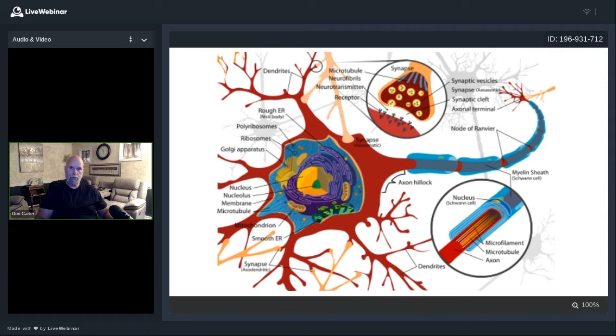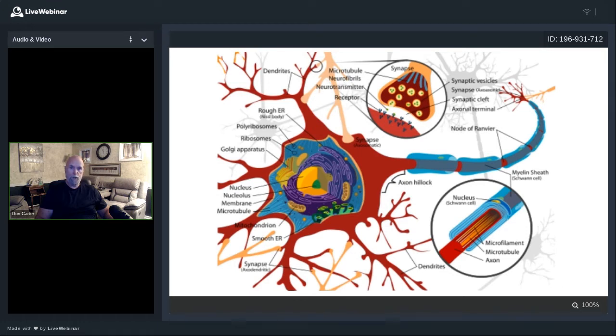If you notice the red branches out here around this bigger part of the cell, those are called dendrites, and they receive the electrical chemical impulses from other brain cells. They then manufacture, based on the chemical messages they receive, what we know as neurotransmitters and other brain chemicals.